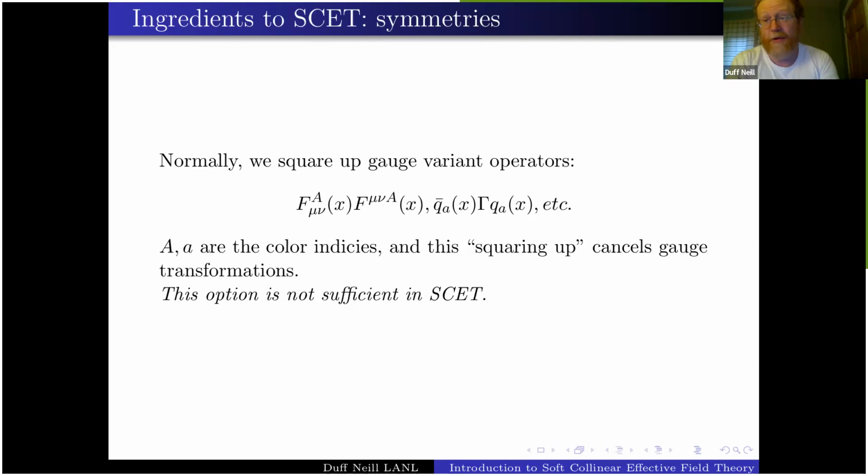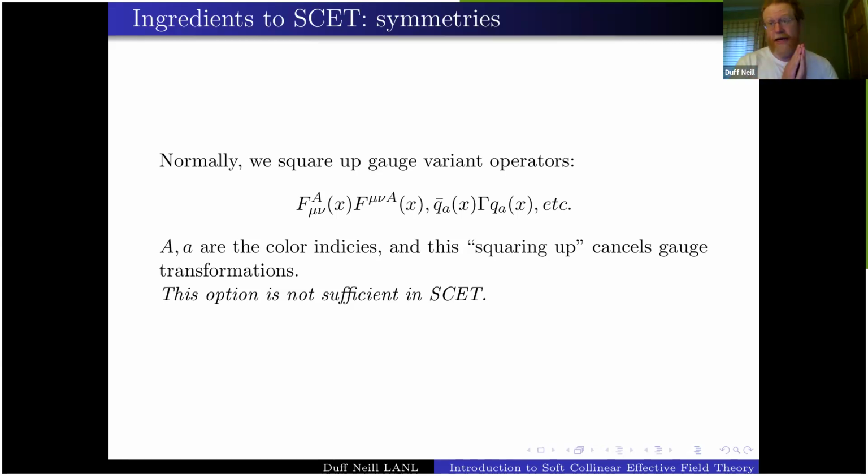If I just square them up with another quark field operator and contract together those color indices, then my gauge transformations will just cancel between the different operators. And so by and large, when we first learn about gauge theory, we're told, okay, you have these operators, they transform according to my gauge group, and if I just square things up nicely, I will get something that's gauge invariant.